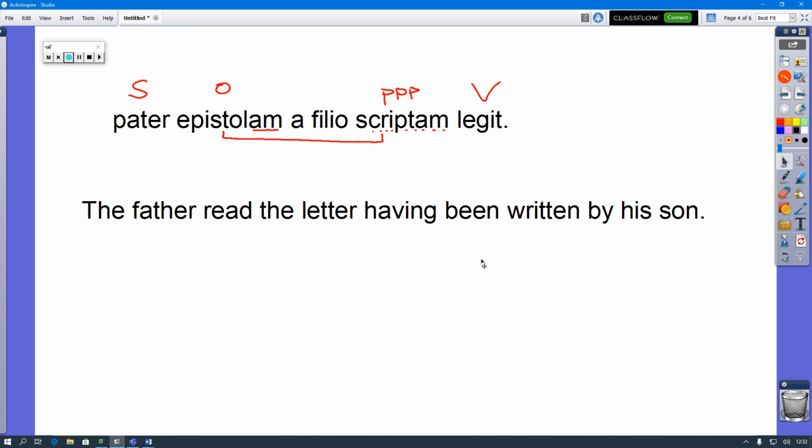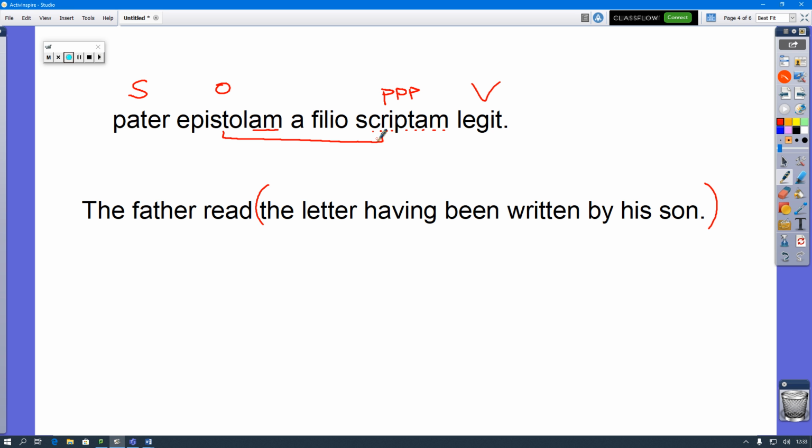The father read the letter having been written by his son. And you'll notice that I've taken the whole object phrase together. So everything that I've underlined here, or joined together under the line, all works together. The letter having been written by his son.